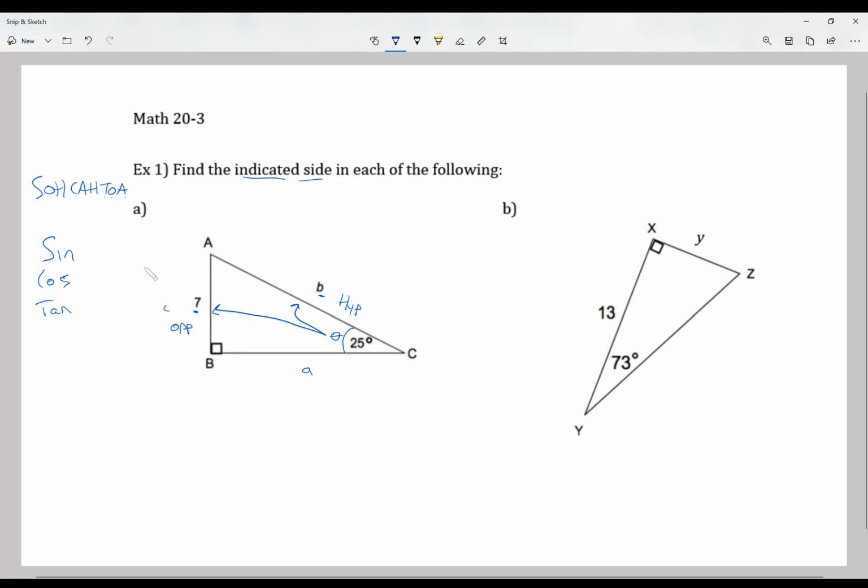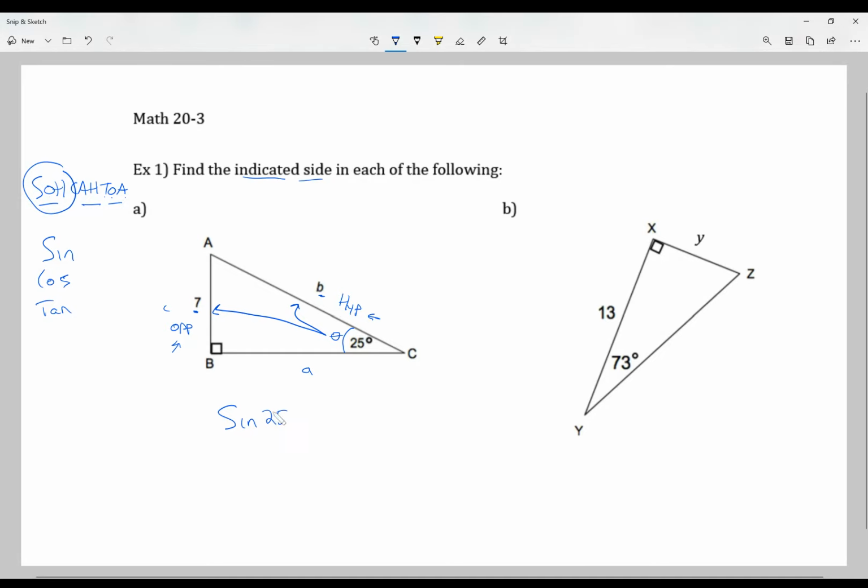And so I need to look at this mnemonic, SOHCAHTOA, and know that because I'm given the side opposite and I'm looking for the hypotenuse, I'm going to use sine here because sine deals with the opposite side and the hypotenuse. So I'm going to choose sine of my angle, 25.